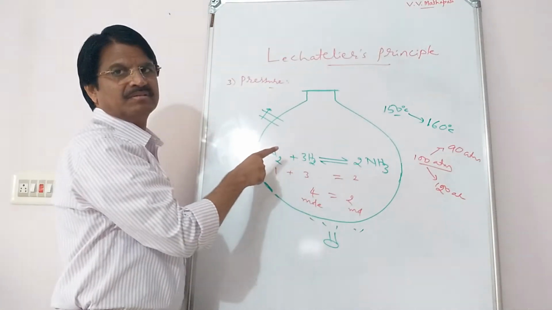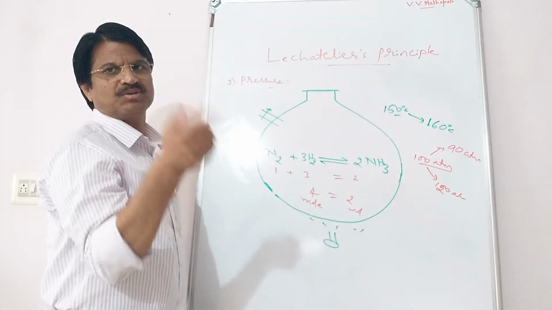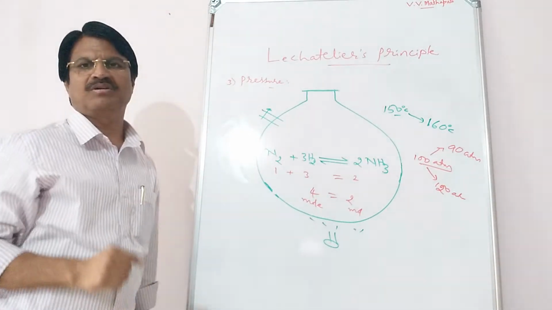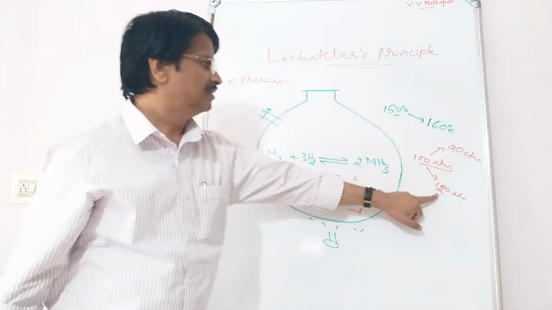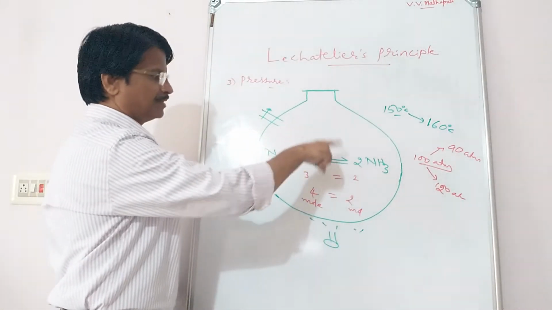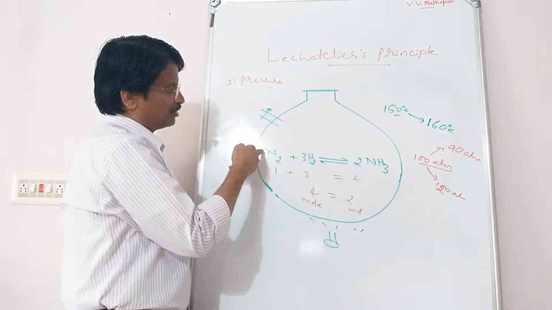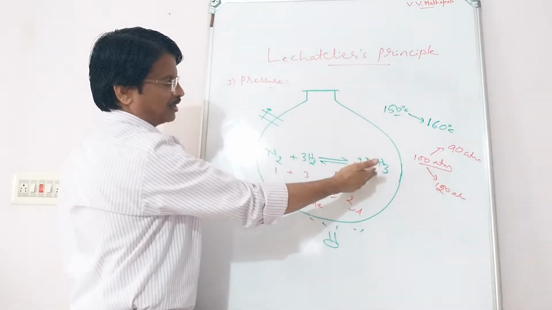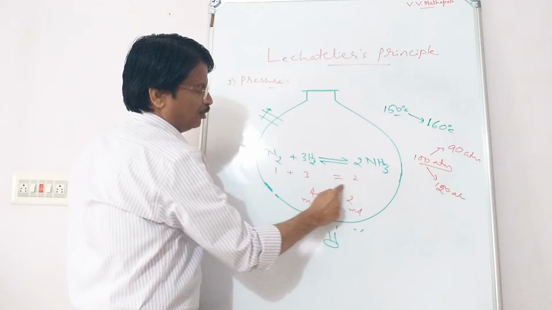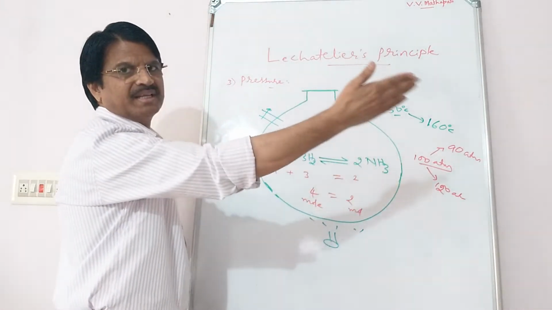Then the system will shift in that direction so as to nullify the applied stress. Here the number of moles are decreasing. Increase the pressure, moles should decrease. Therefore, reactants combine more and more to give product. So it shifts from high mole to low mole. The forward reaction is favored.